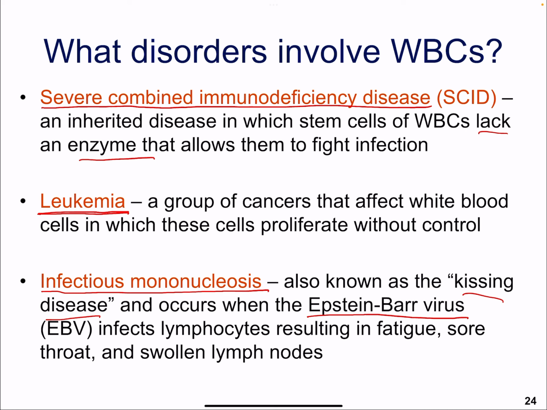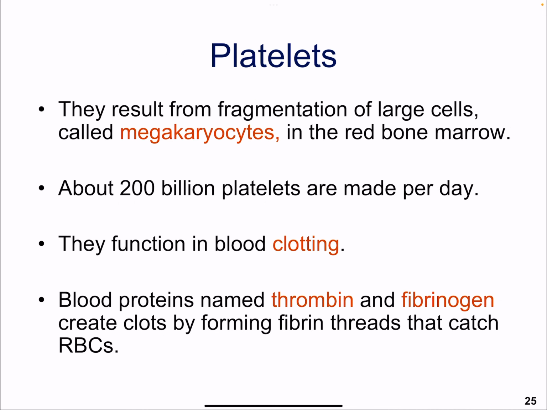That Epstein-Barr virus is going to infect the lymphocytes, and as the lymphocytes die off, you're going to experience fatigue, sore throat, and swelling of lymph nodes. These are some examples of disorders associated with white blood cells.